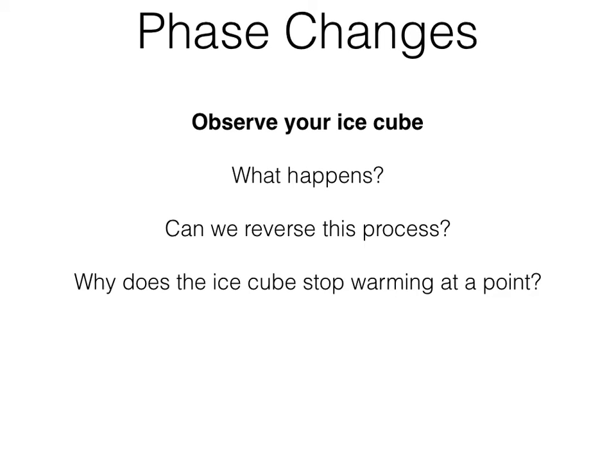Okay, so if you're at home, get an ice cube. If you're not, or you don't want to get an ice cube, just think about this. The thought experiment is that you put an ice cube on your plate. What happens? Well, I would hope that sitting out in your house the ice cube melts.